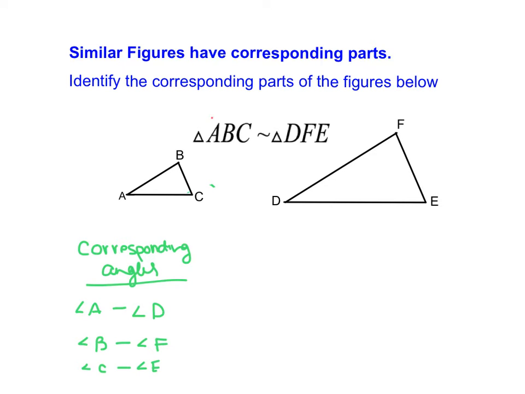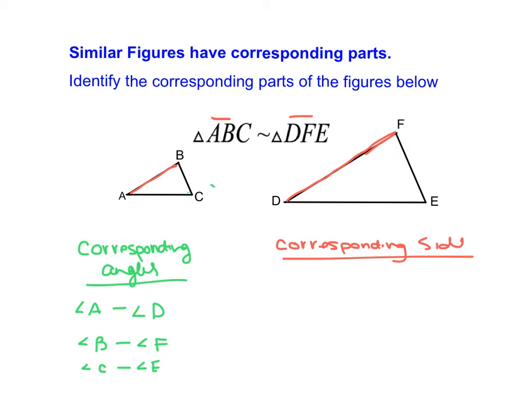And a side length will basically consist of connecting two angles together. So what I notice here first is that my first two letters in each triangle name are AB, which is right here, and DF, which is right here. So what's cool about this similarity statement is not only does it tell me about the corresponding angles, but it also tells me about the corresponding side lengths.